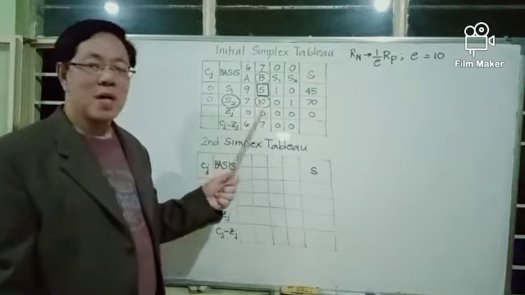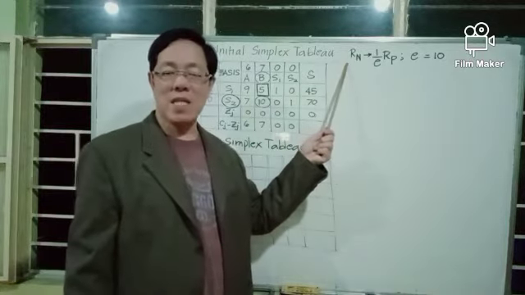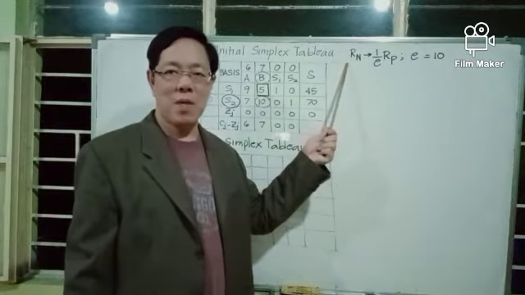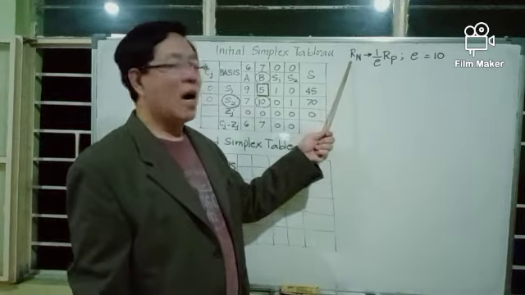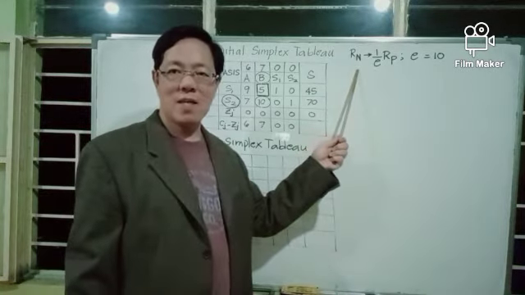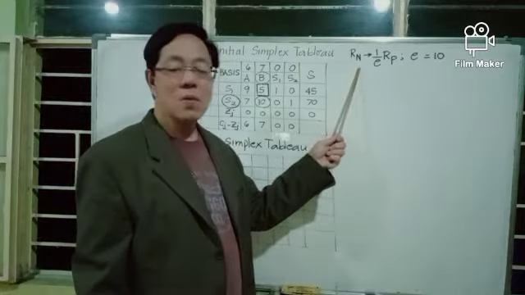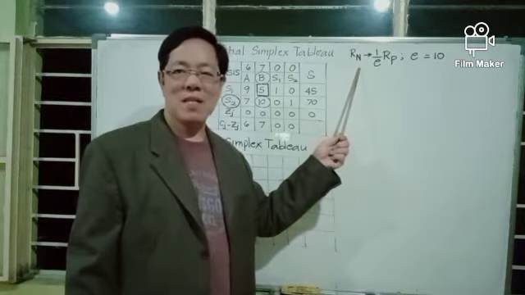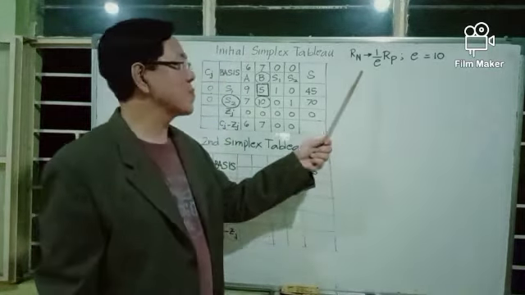And we do that by using the first of the 3 types of elementary row operation, given by R sub n. R sub n is the new pivot row containing the new entries of the pivot row.